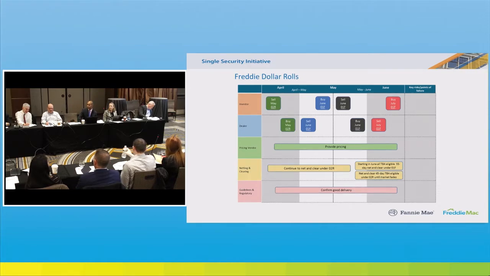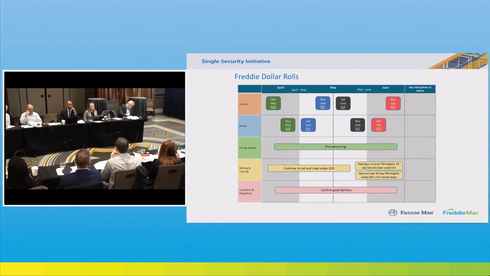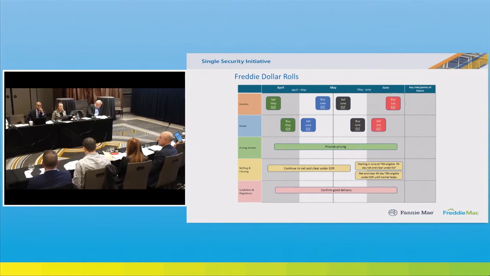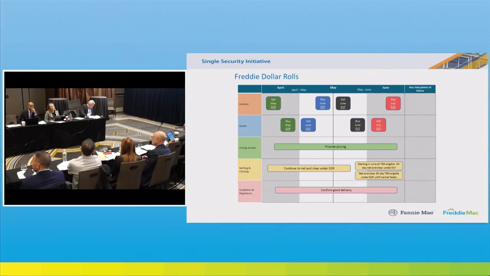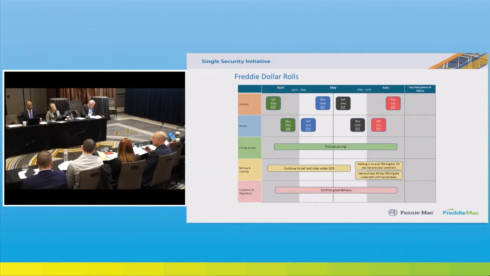Right. If I could go one step further on the stip question, because I know it's a subtext to a lot of discussion here. At least from the Freddie side, and maybe I'll ask Stephanie to weigh in from the Fannie side, the goal here is one market, but we don't want to preclude investors from their needs.